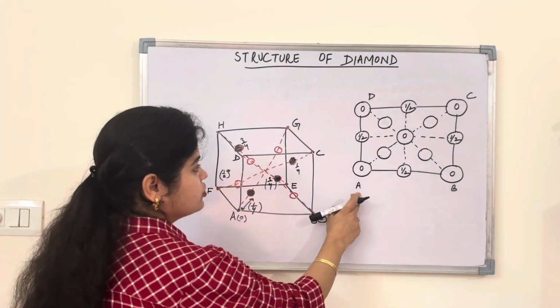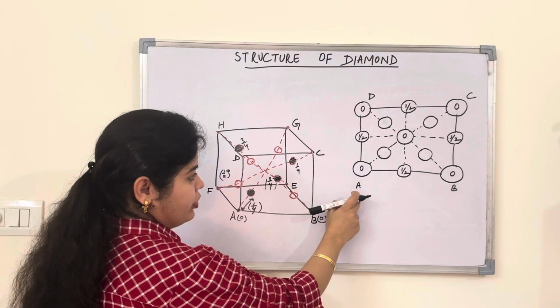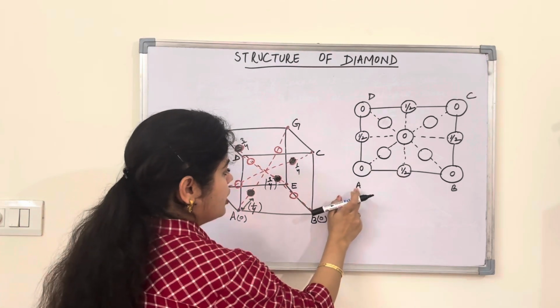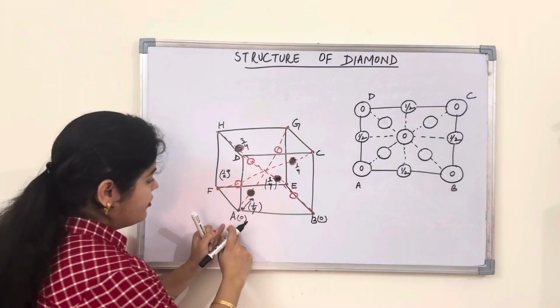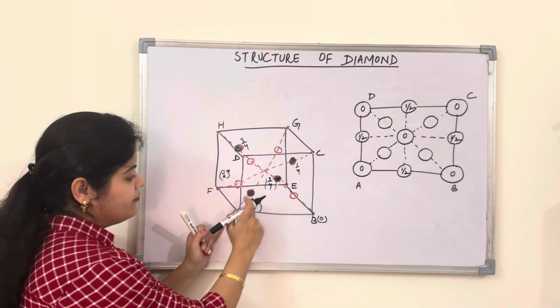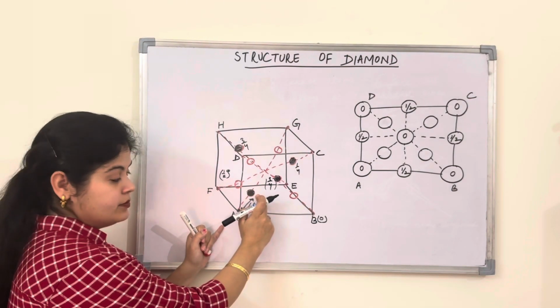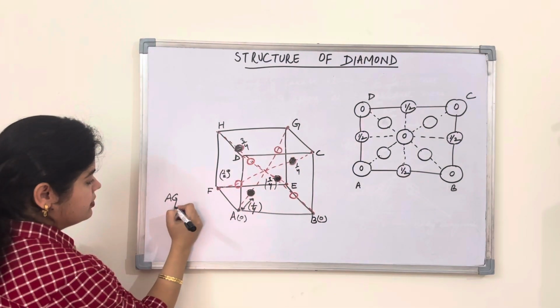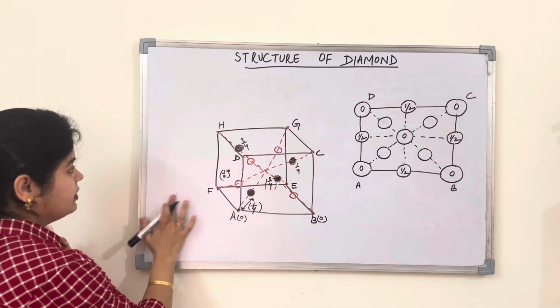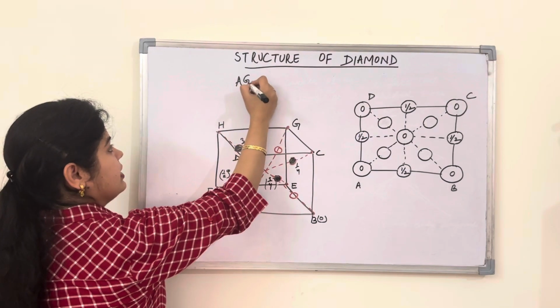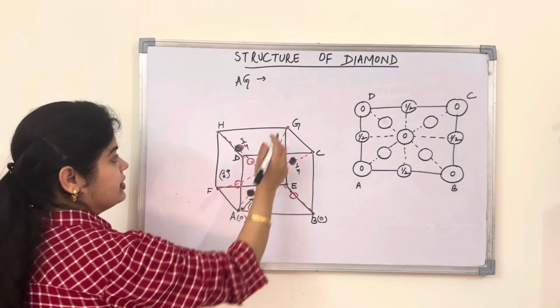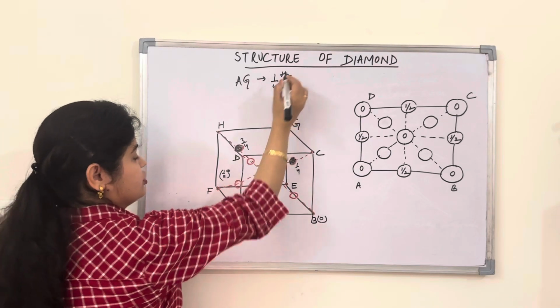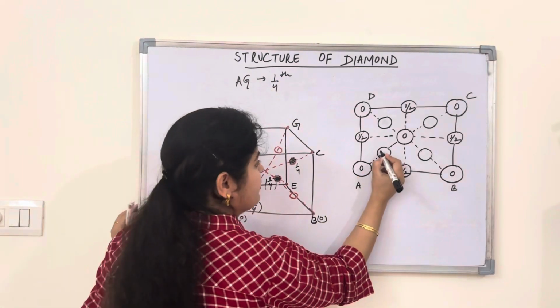Okay, so starting with this point A. Now look at this. At this point A, we have an atom which is on the diagonal AG, and it is located at 1/4 position. So this will be 1/4.